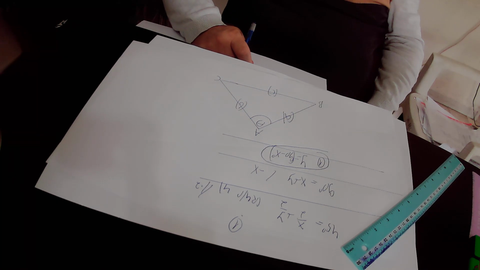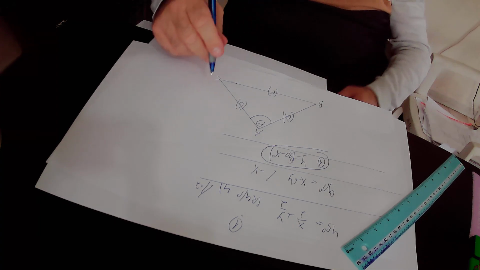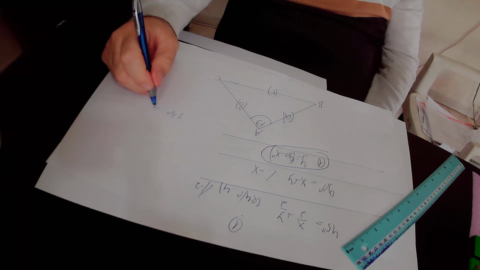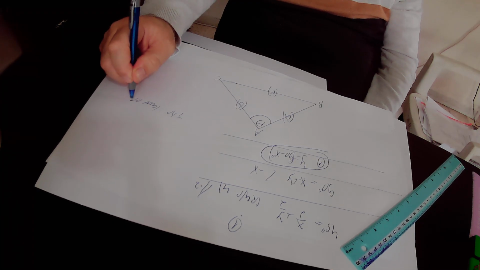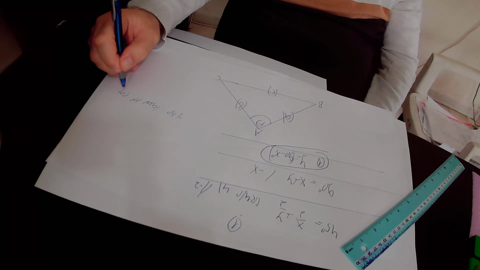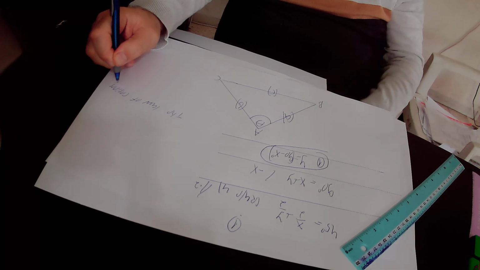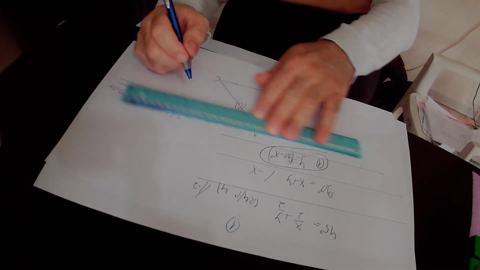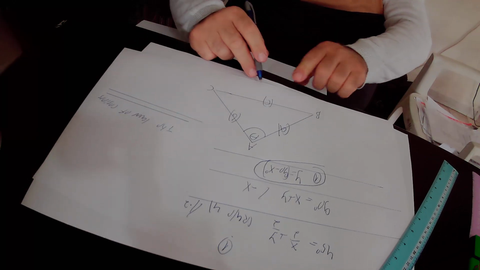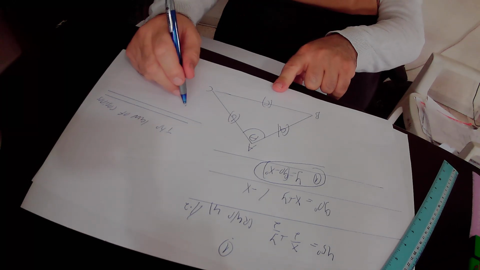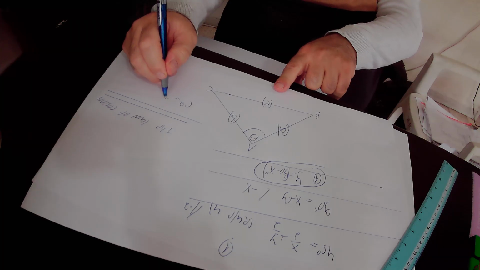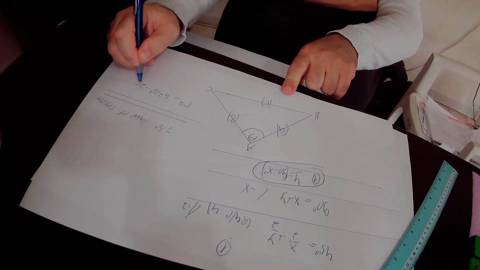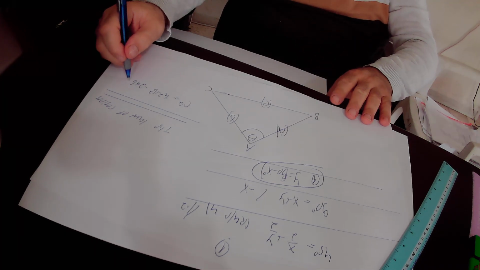According to the law of cosines, C squared equals A squared plus B squared minus 2 times A times B times cosine theta.